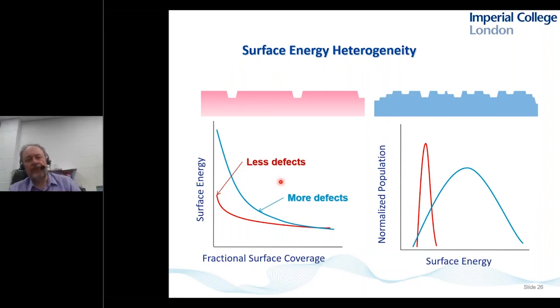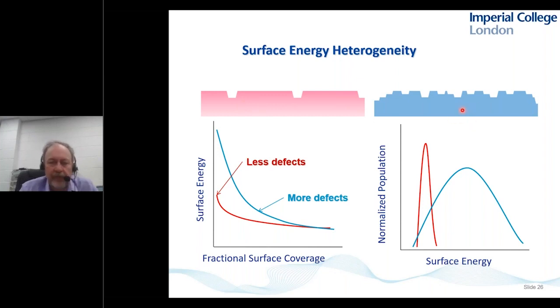When we do the experiments, and I think Dan described the heterogeneity method earlier today, we have a typical example, a cartoon. The pink surface has fewer defects, and because it has fewer defects, it's more homogeneous. The surface energy doesn't vary very much.